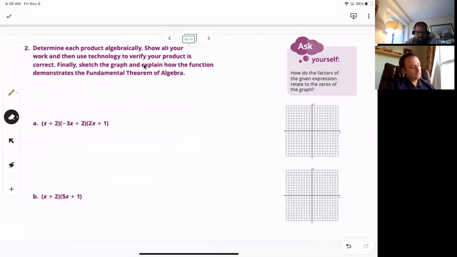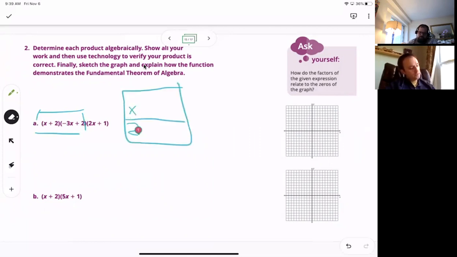So if I'm looking at, oopsies, I'm on the wrong thing, so I moved the work you did. If I'm looking at the first two here, if I use that structure idea that they had, if I have x and 2, and then I had negative 3x and 2, negative 3x times x is negative 3x squared. 2 times x is 2x. Negative 3x times 2 is negative 6x.